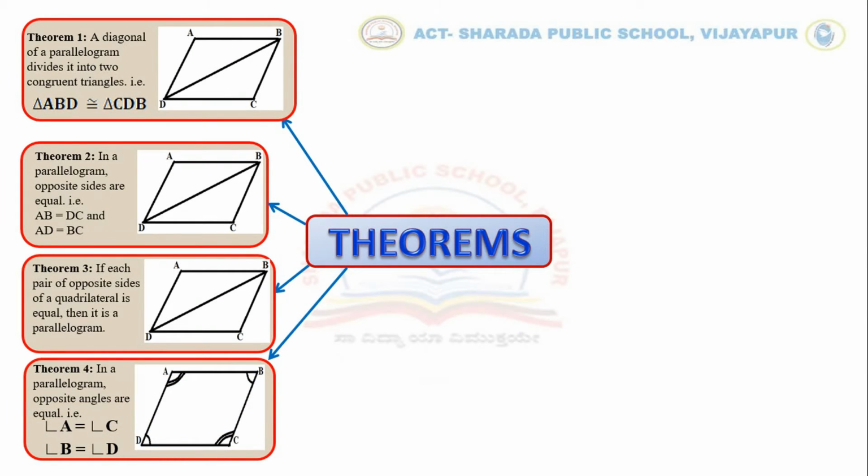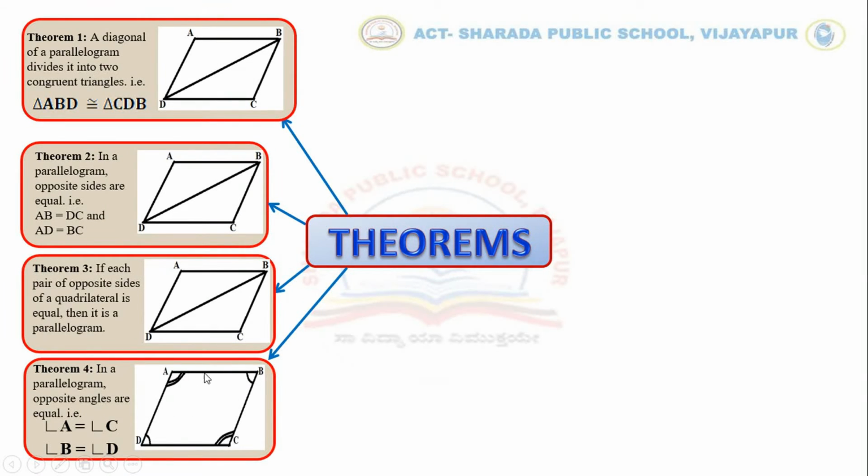Theorem 4. In a parallelogram, opposite angles are equal. That is, angle A is equal to angle C, angle B is equal to angle D. To prove this theorem, we join the diagonal BD, we get the two triangles ABD and CDB.